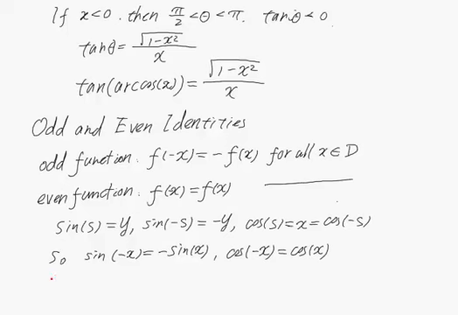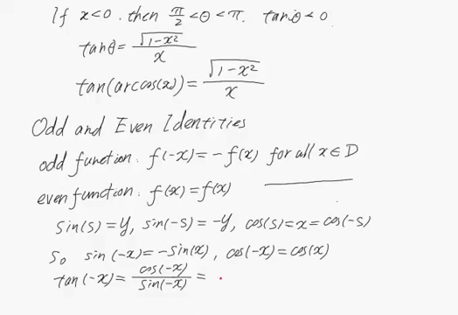From these two identities, we may derive some other odd and even identities. Let's begin with tangent of negative x, which is equal to sine of negative x over cosine of negative x.